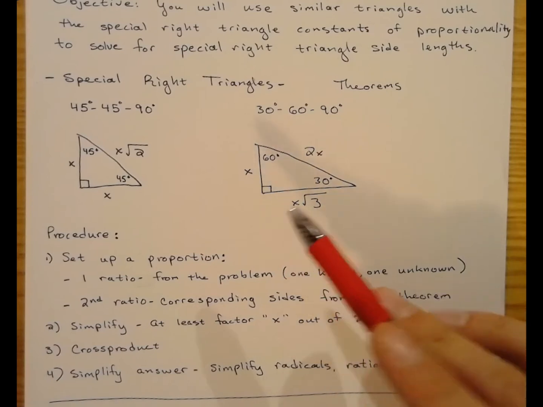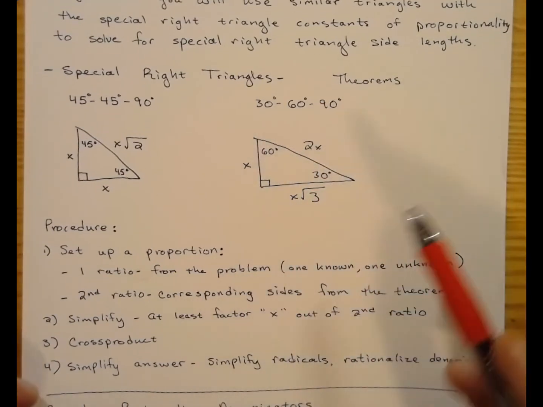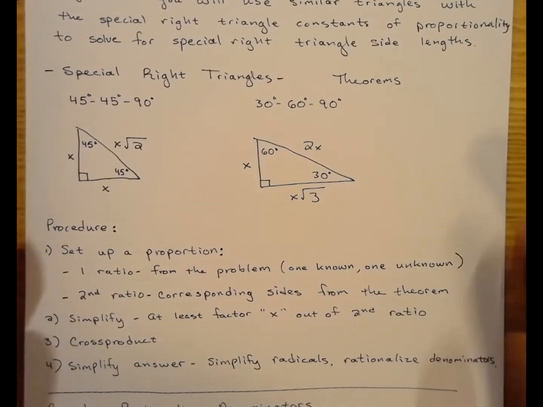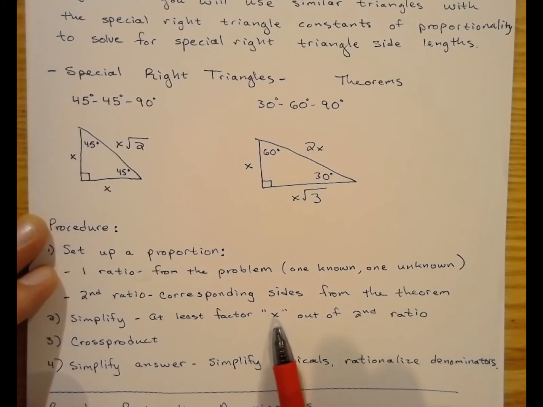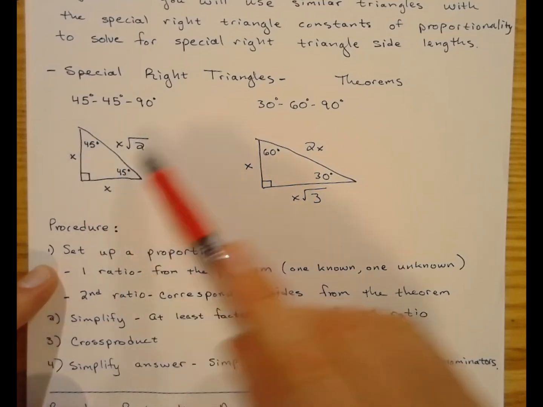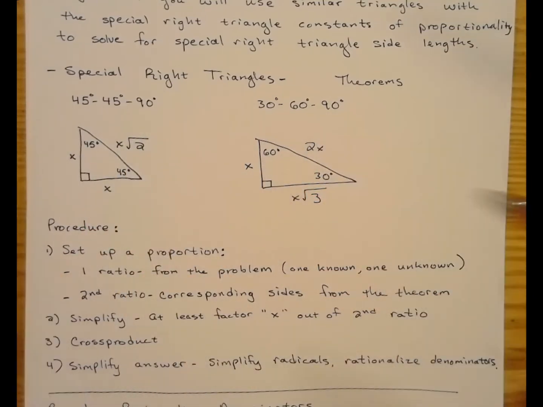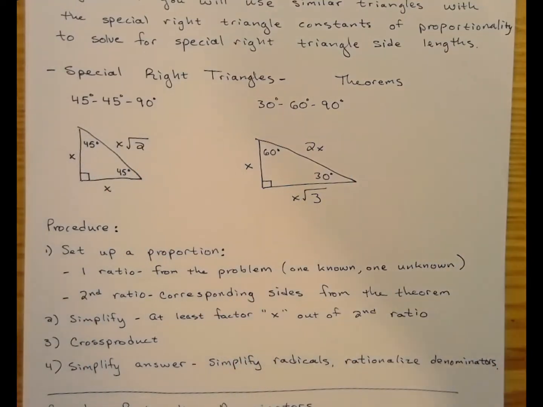Quick reminder, you can simplify a proportion by factoring vertically or factoring horizontally, but not factoring diagonally. And at bare minimum, every single time we can factor the x out of the second ratio. The second ratio is going to be side lengths from the constants of proportionality, and every single one of them has an x.